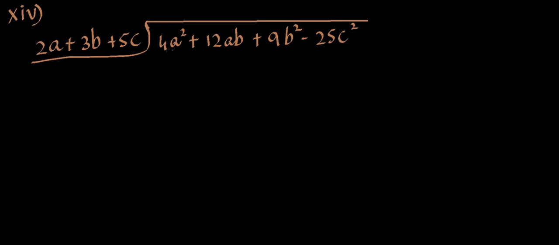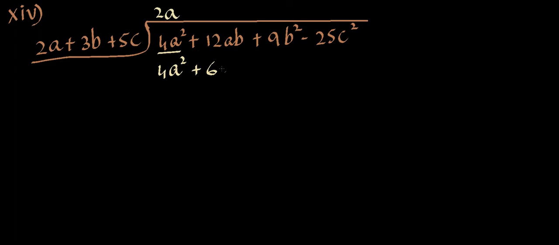Now my first target, 4a square, what multiplied by 2a? 2 multiplied by 2 will give me 4, and a multiplied by a will give me a square. So 2a multiplied by 3b, 2 multiplied by 3 is 6, positive.